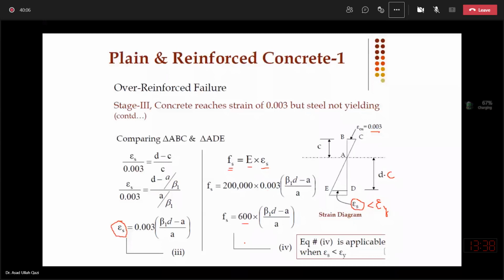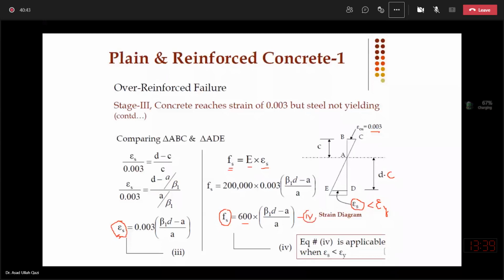So I suggest you memorize either this in strain format, the epsilon s equation for over-reinforced beam, or in stress format, the equation for over-reinforced beam. And this equation is applicable when epsilon s is less than epsilon y. We can term it as equation 4.